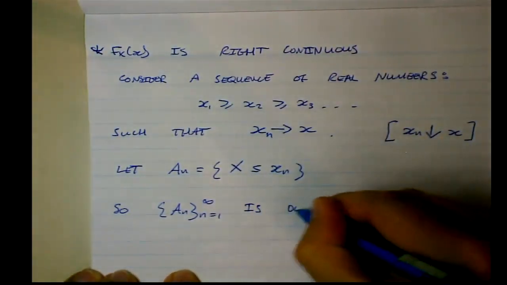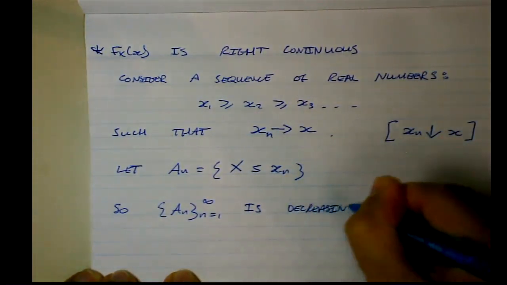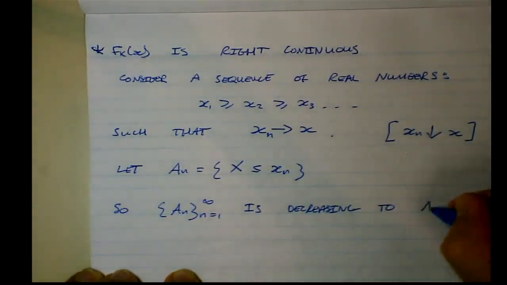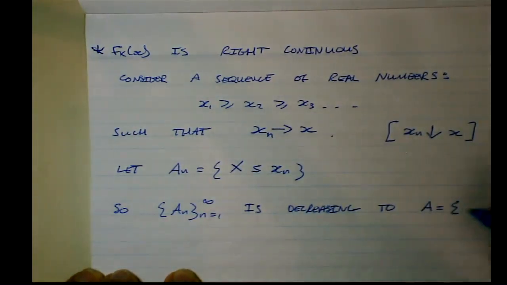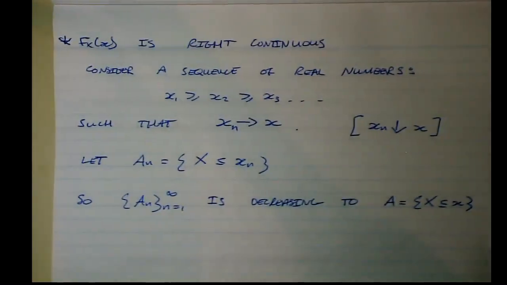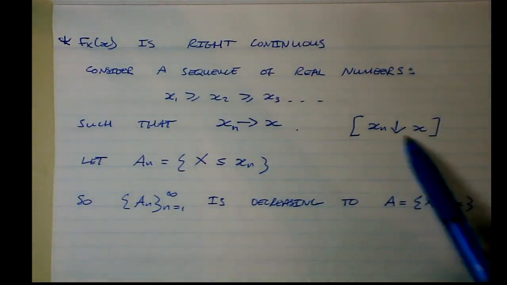It's decreasing to an event A, which is big X less than or equal to little x. Why? Because x_n is going down to x.